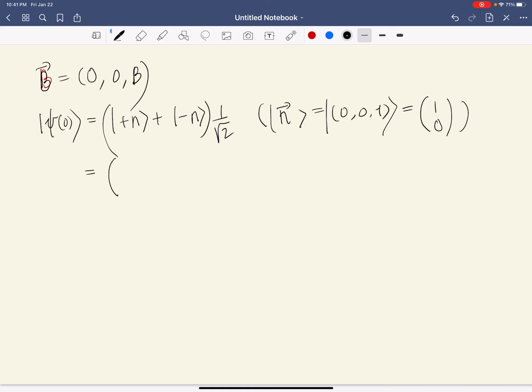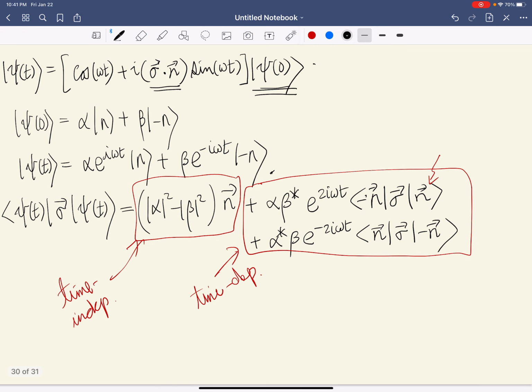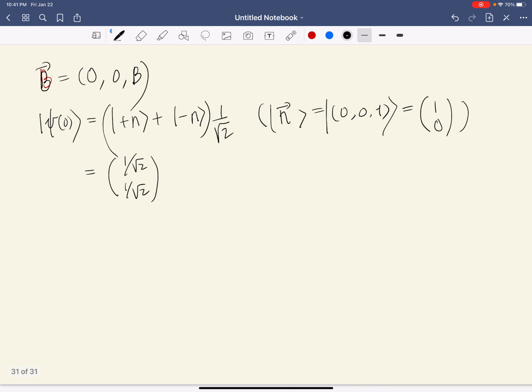And so in terms of explicit components, the initial state will be given by this. Then it's just a matter of doing all these calculations explicitly, which will give you the following answer.